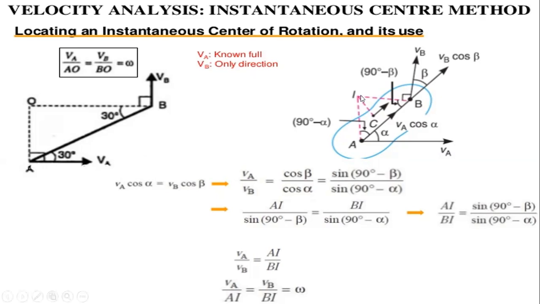So it is taken as instantaneous center for A and instantaneous center for B. That is AI by sin 90 minus beta and sin 90 minus alpha.